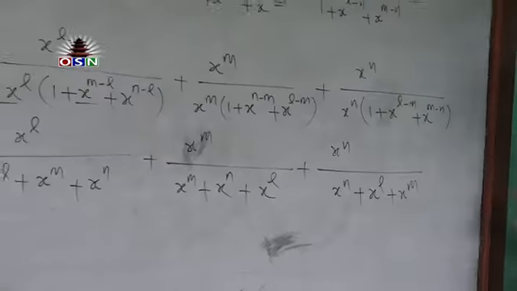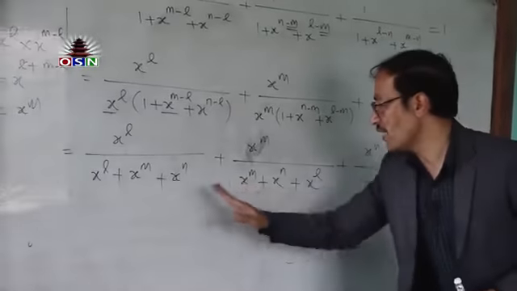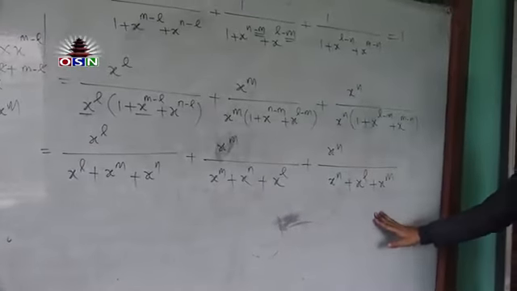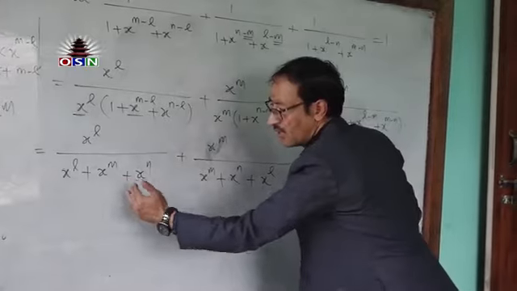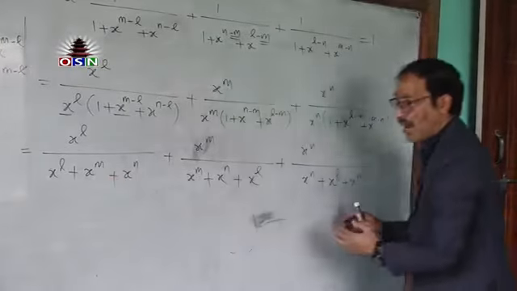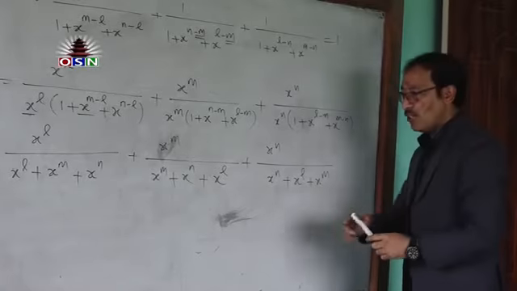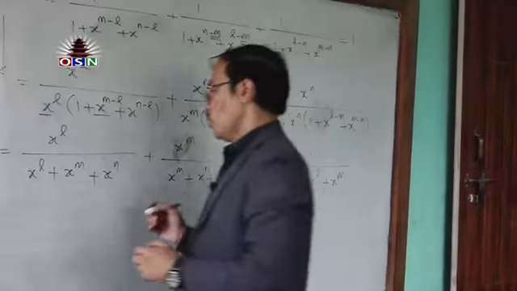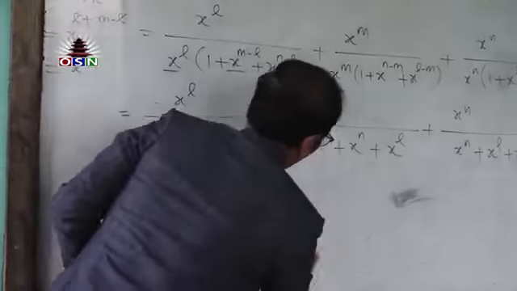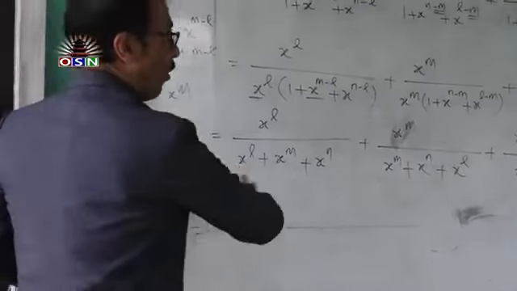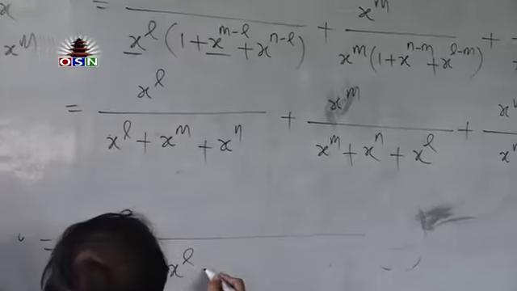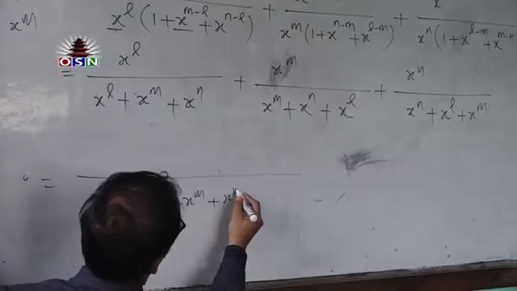Okay, let's see the third fraction. And you just look at the denominator. Yes, the orders are different, but all of them have the same terms. So to simplify them, when you take the LCM of all these three, you will get this one, x to the power l plus x to the power m plus x to the power n.